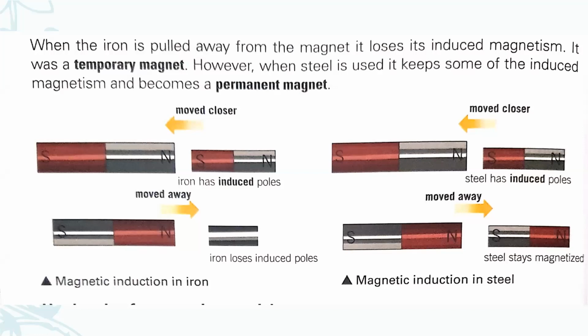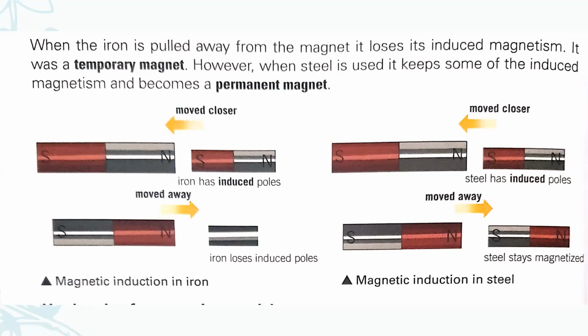And if you remove the external magnetic field, what will happen? You can see here that this steel stays magnetized. This steel retains the magnetic character that it gained from the magnet, and as a result, this steel becomes a permanent magnet.